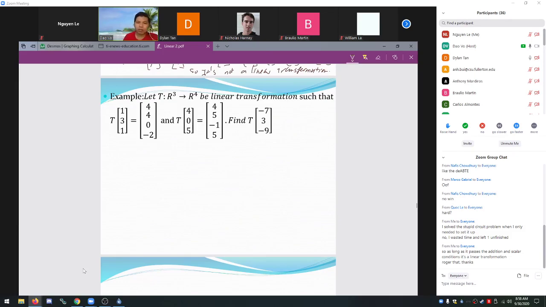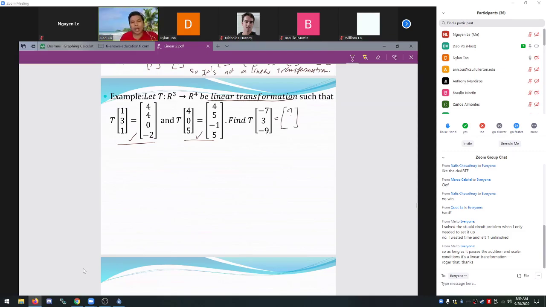All right, so there are a few important keys here. We already know that it is a linear transformation, so we don't have to verify that anymore. Since it's a linear transformation, we can use the following two evaluations. This one is good, and this one is also good. The question is, what is T of (-7, 3, -9) going to give us?